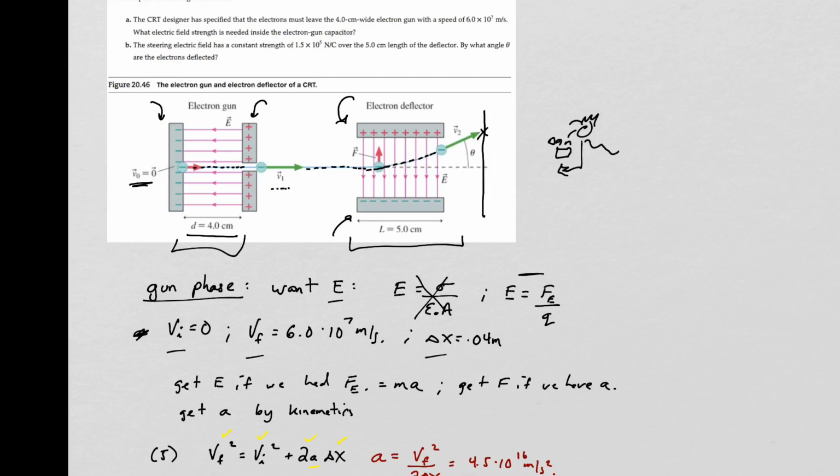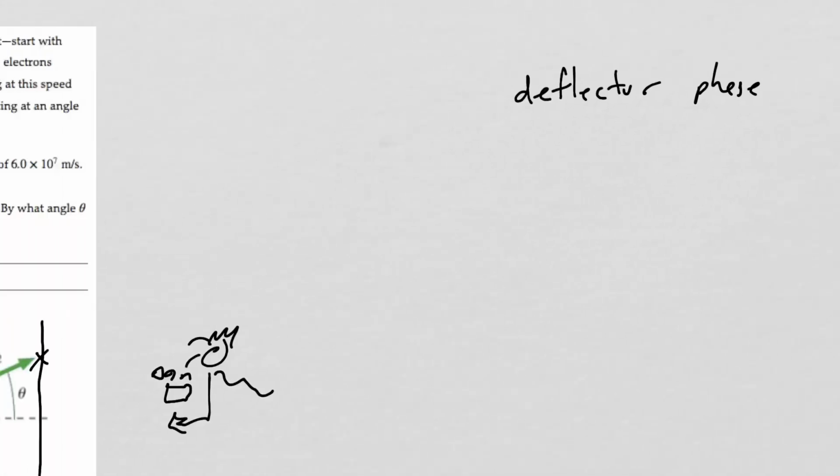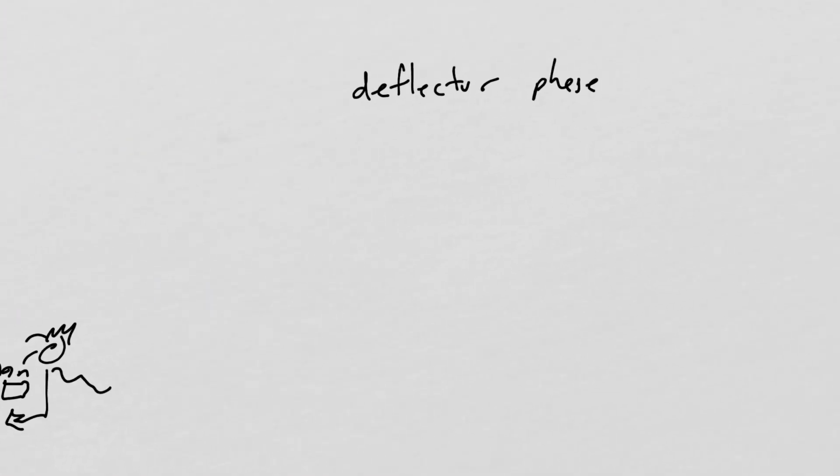Now, for part B, the steering field, this is talking about the deflector phase. And so I'll do this over here. I'll zoom in a little bit. Now, in the deflector phase, we know that the electron is undergoing two-dimensional motion, right?